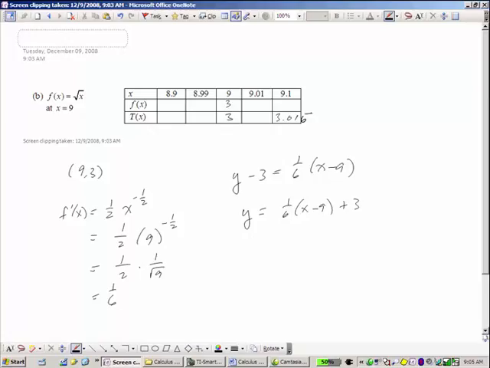What happens when you take the square root of 9.1? Is that what it is? No, it is not. Nice try, Alicia. But I'm trying to show you that they're really close.